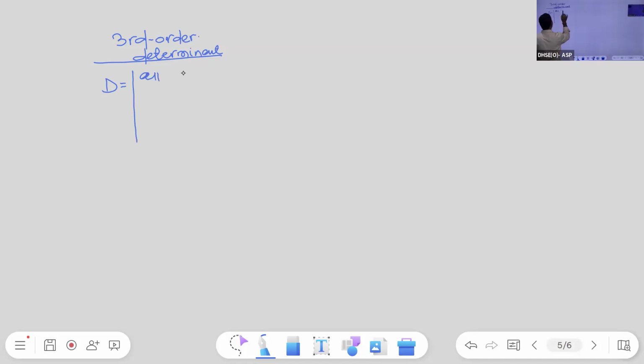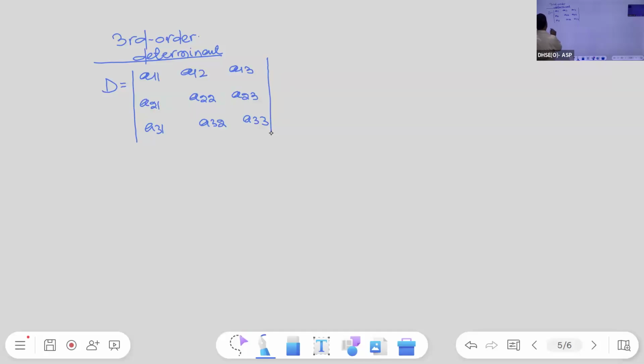A11, A12, A13, A21, A22, A23, A31, A32, A33. This is the general form of a third order determinant.